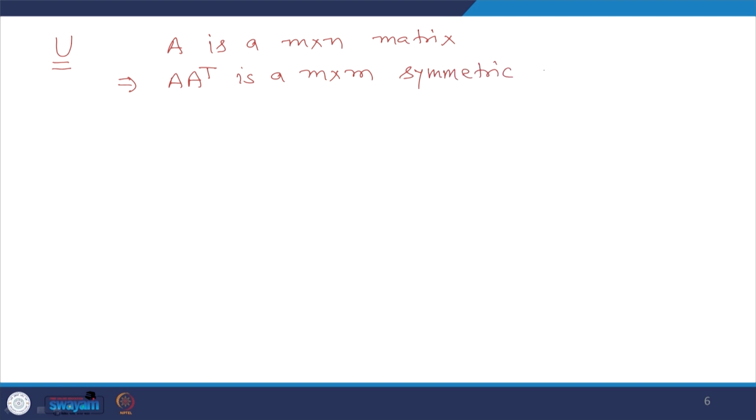Now, let us talk about matrix U. So, again A is an m by n matrix. Then A into A transpose is an m by m symmetric positive semi-definite matrix.